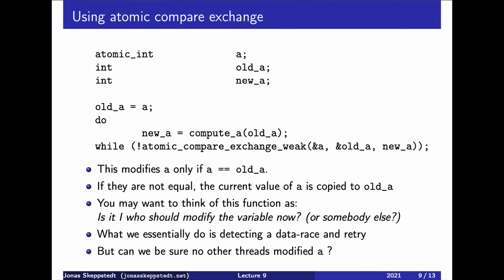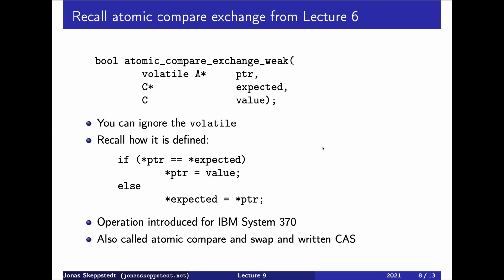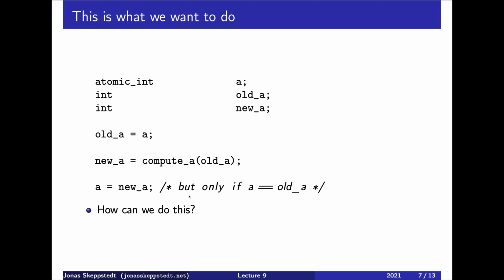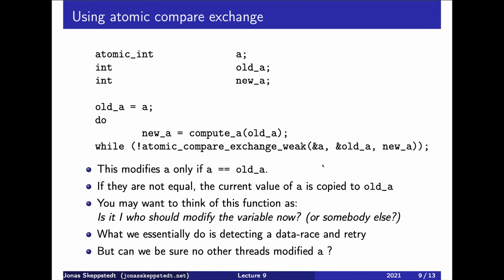Okay, so how can we do this now? Well, we save the old value, compute the new value, and then do this atomic compare exchange weak. If A and old A are still the same, then new A is atomically written to A. So this is how to do this thing, but only if A is equal to old A. Okay, so how should we think about this?